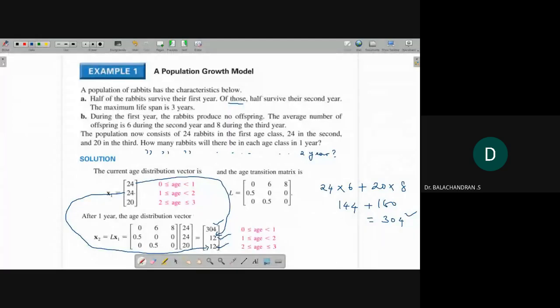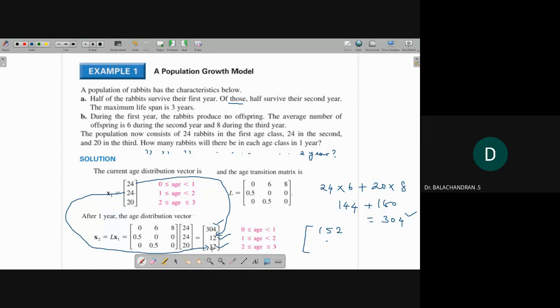So now, after 2 years, half of 304 is 152. Okay, 152, half of 304, because there is no offspring in the first year. So that's why just half. Next, in the age group of 1 to 2.